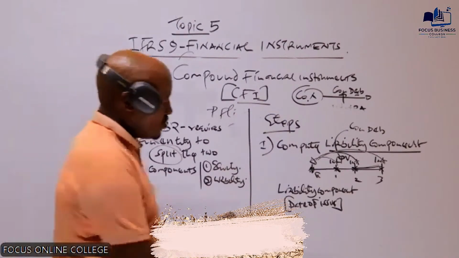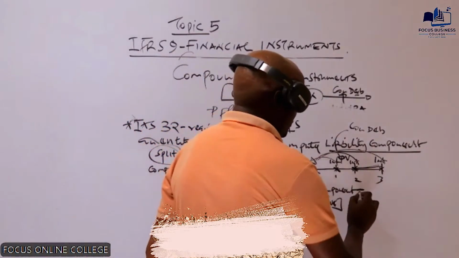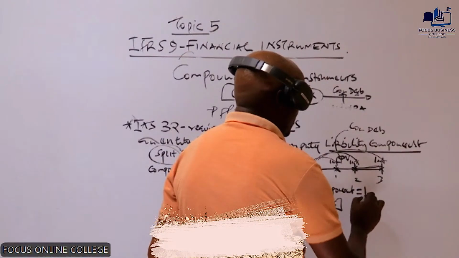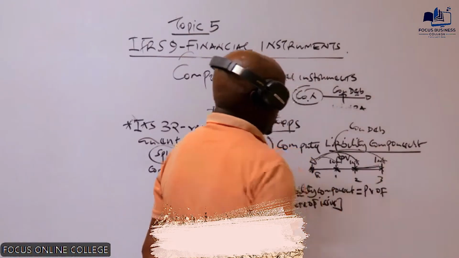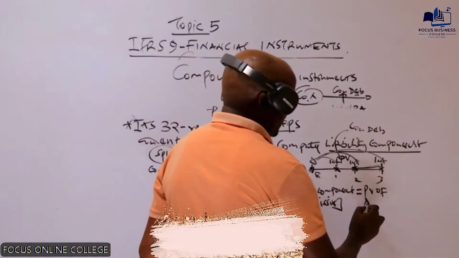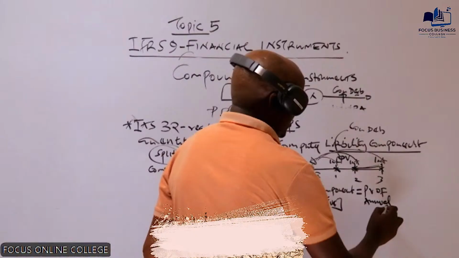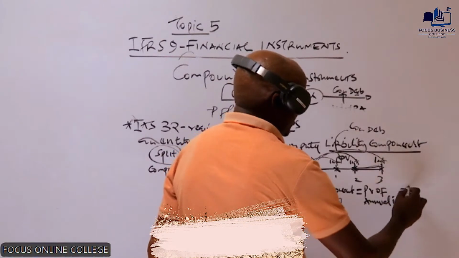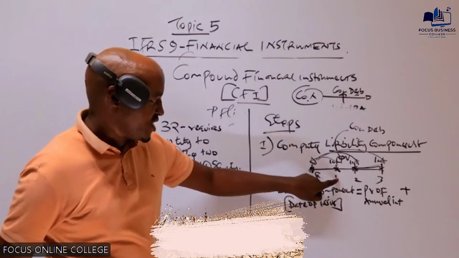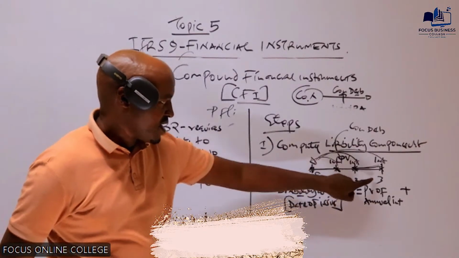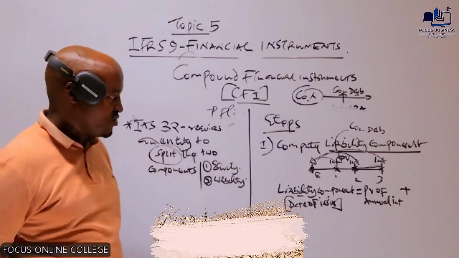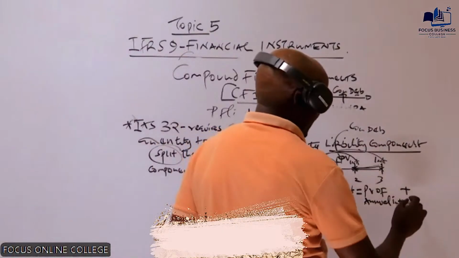So to compute this liability component, the liability component here is equal to the present value of the annual interest. I hope you know how to discount this. Remember, these are annuities, because these are similar cash flows, and you know how to discount that from financial management.